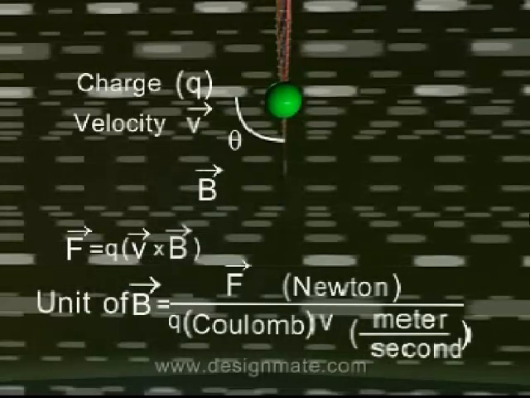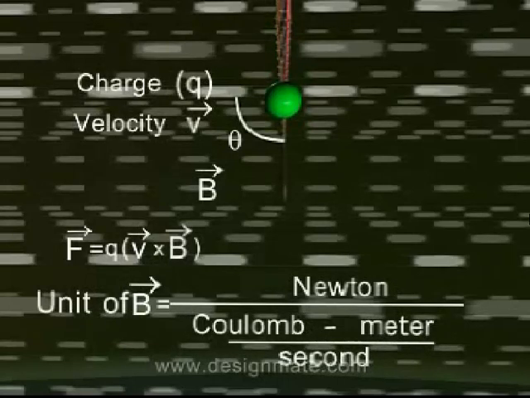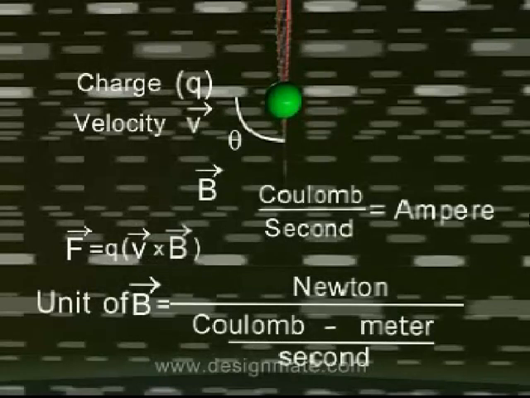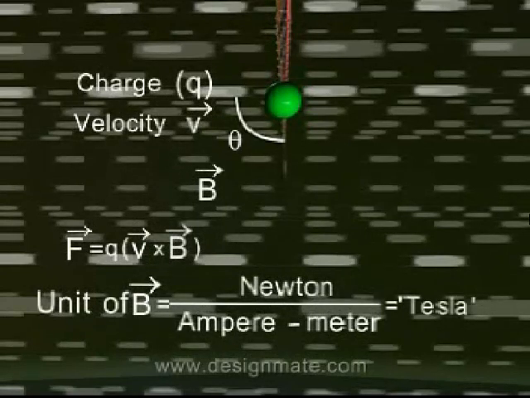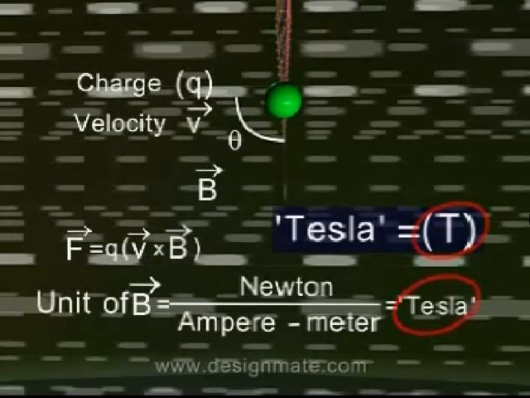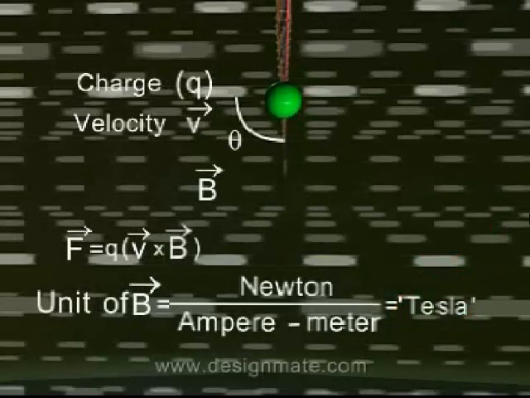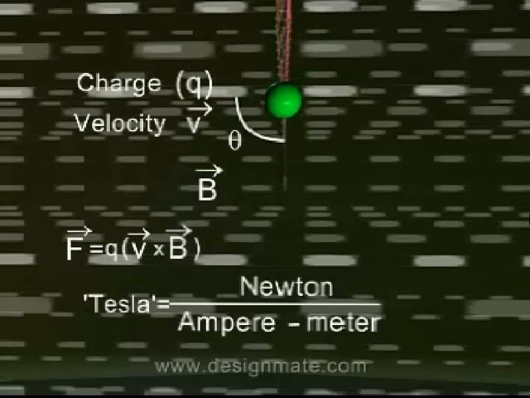That is equal to Newton upon Coulomb meter per second, because Coulomb per second is equal to ampere. That is equal to Newton upon ampere meter. This unit is called Tesla, T, in SI. Therefore, Tesla is equal to Newton upon ampere meter.